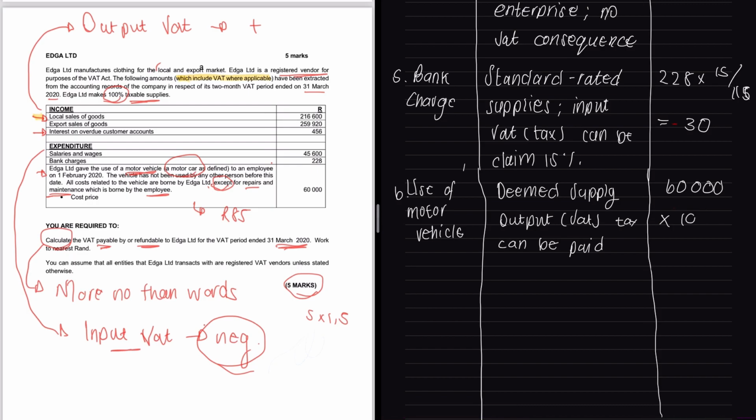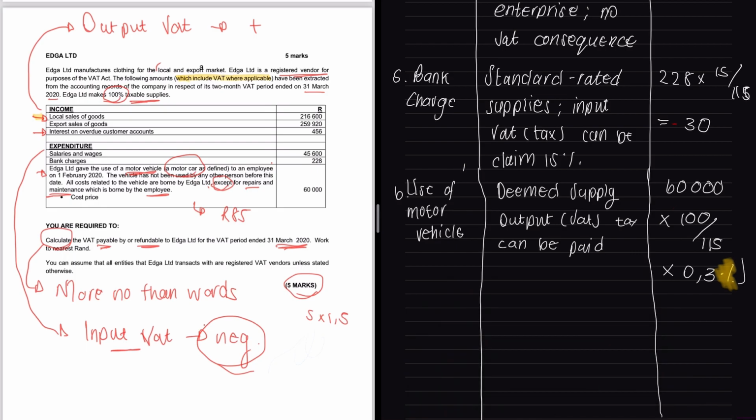But again, we're told it's a motor car. What happens when it's a motor car? We multiply the amount exclusive of VAT by its percentage, 0.3%. This percentage is very important. It's not just 0.3, it's 0.3%.